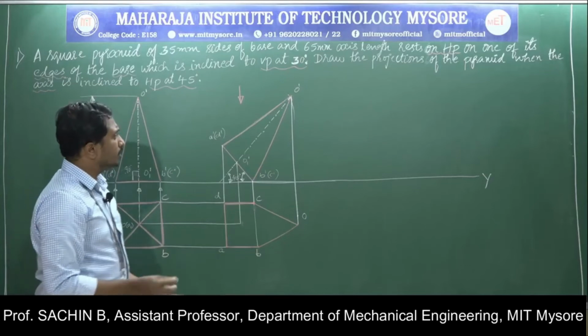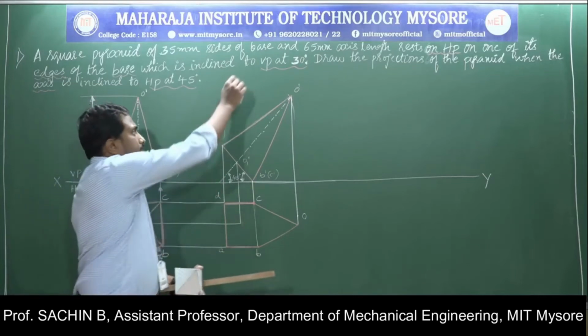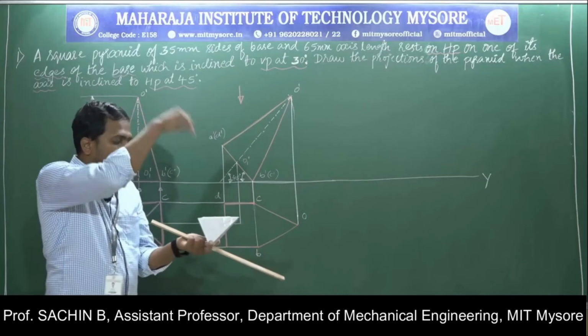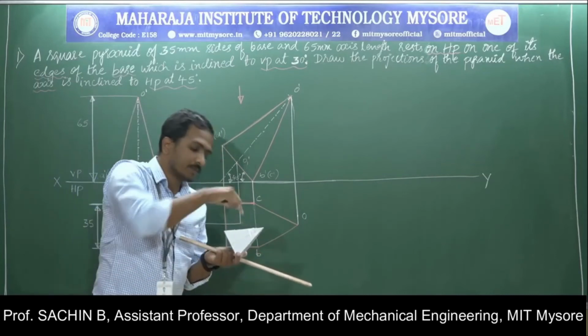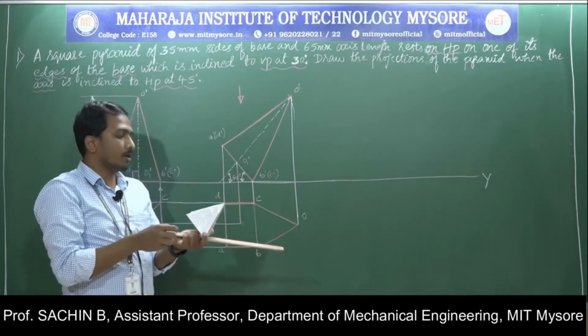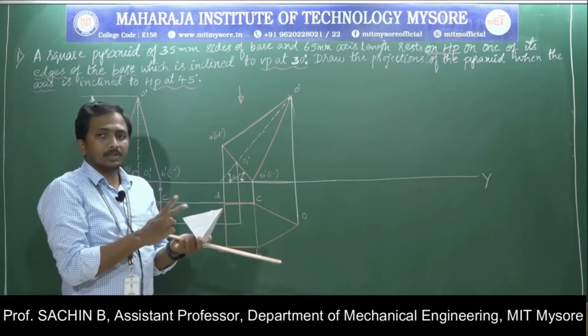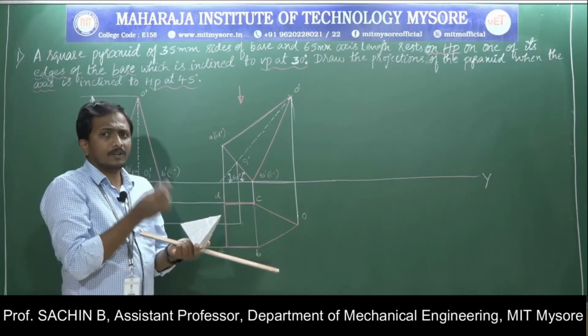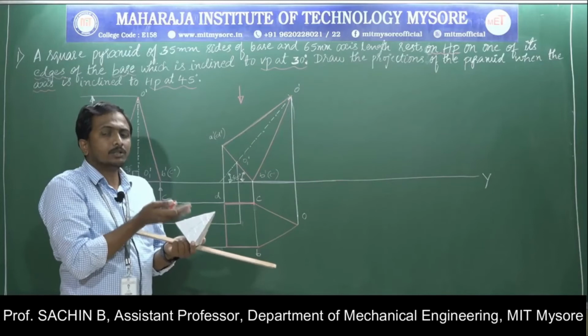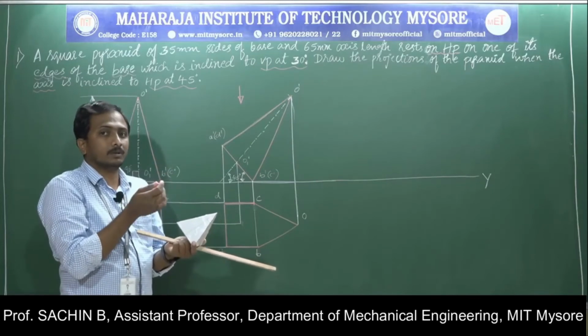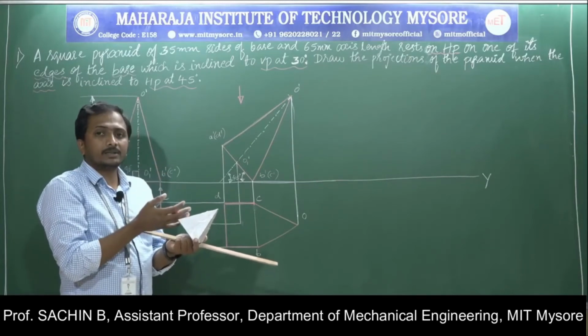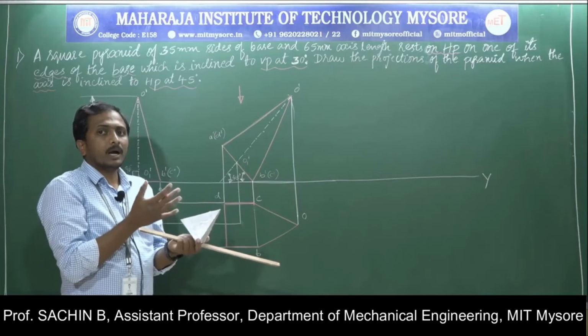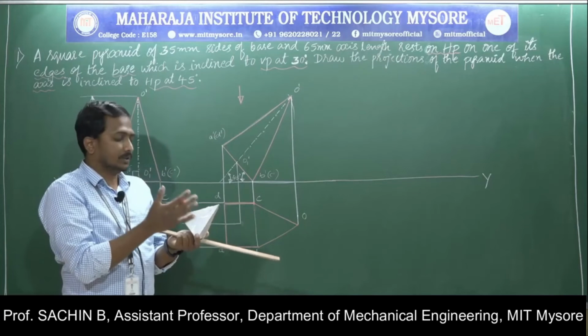The next concept is the observer viewing the object from the top, means I am viewing the object from here to write the top view. The second one is that the faces and edges near to the observer are visible, and the faces that are not near to the observer are not visible.